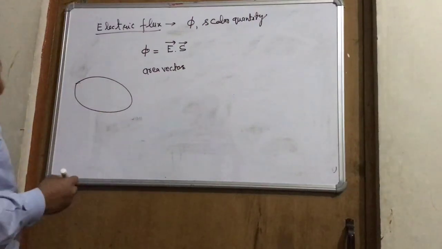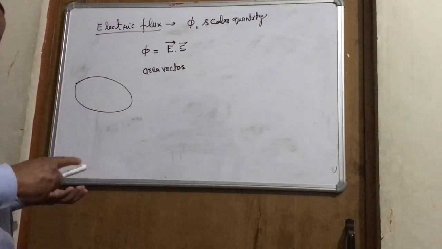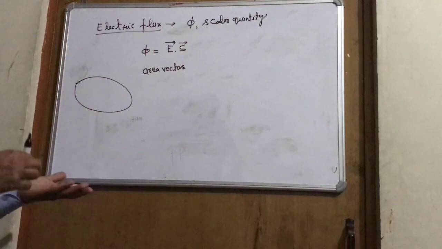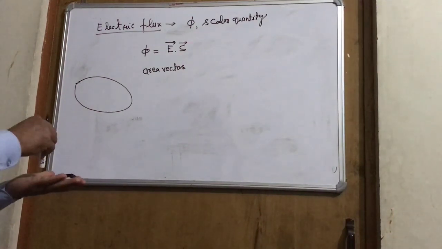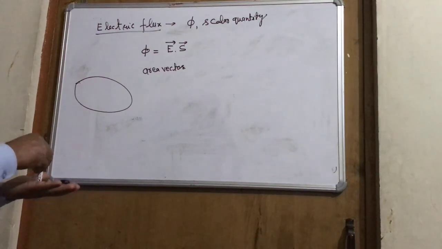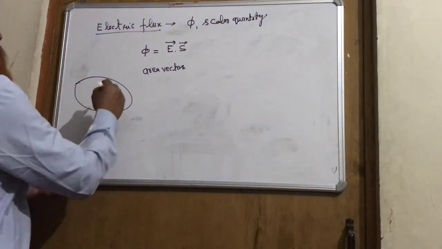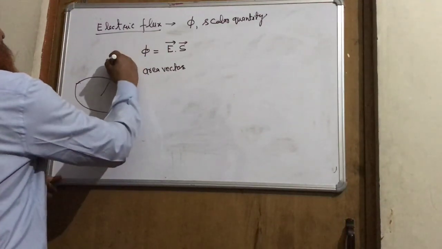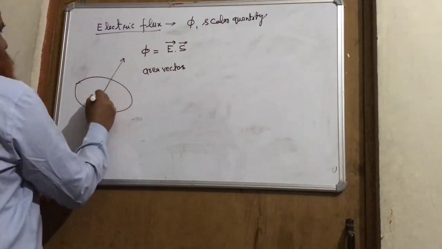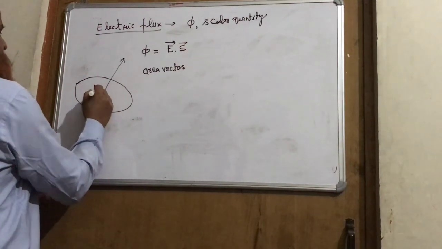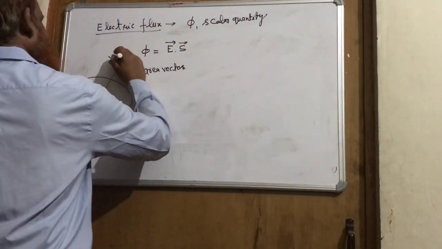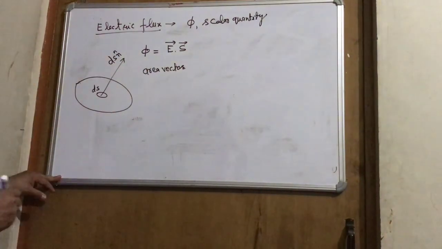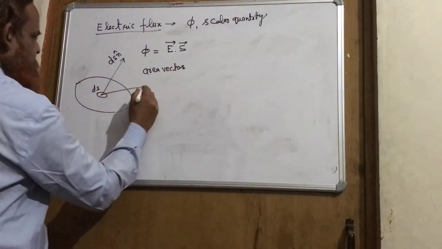Suppose this is the surface, palm is the surface. So if we draw a perpendicular to it, that will be the direction of the area vector. Suppose we take a very small element dS, its area vector is dS n cap, and electric field is in this direction.